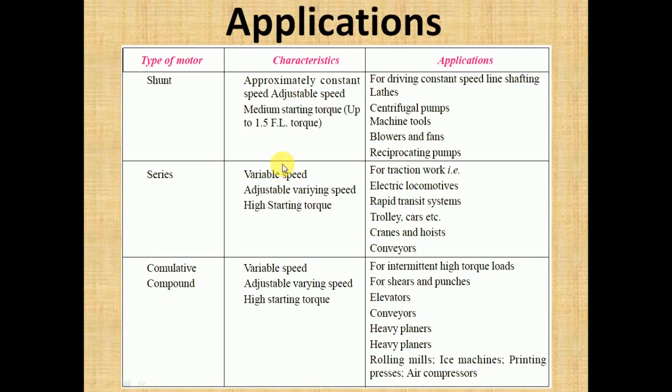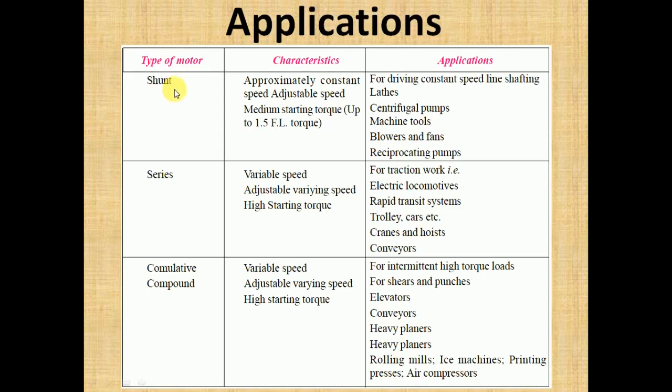Next, we are moving to the last topic of today's session, that is, applications of these various DC motors. In the types of DC generators video session, all of you have studied the applications of DC generators. Here we are going to study the applications of DC motors. The application of a particular type of motor is decided by its characteristics.